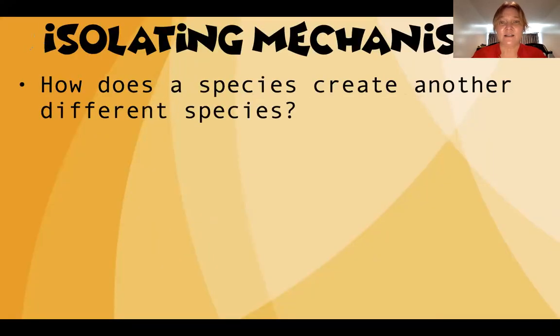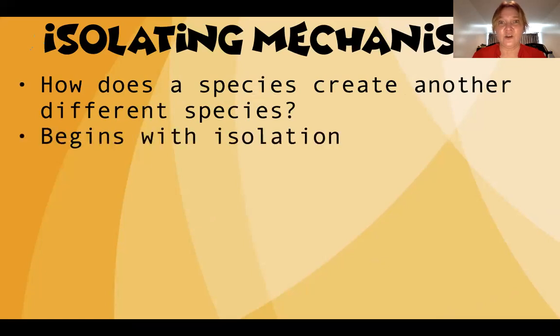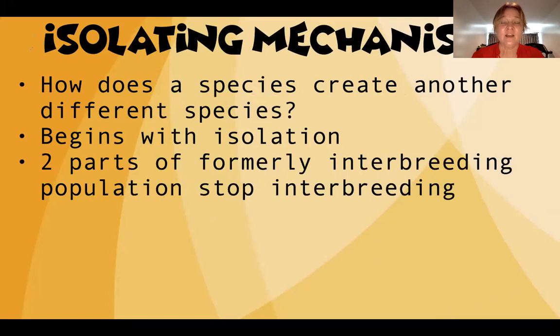So how does a species create a new species? It begins with isolation. You have two parts of a formerly interbreeding population that stop interbreeding. There are two ways that a species can become isolated.